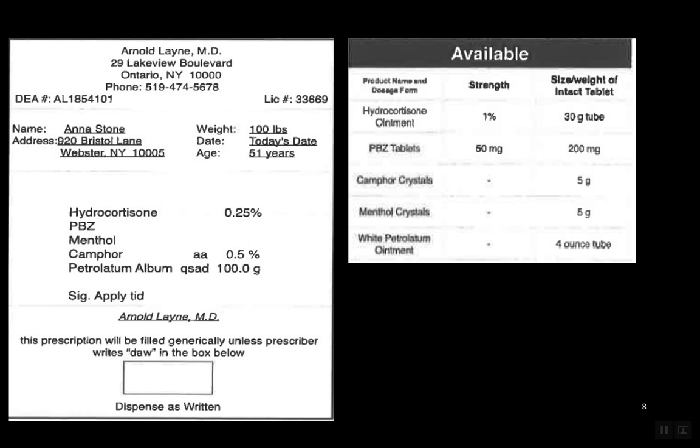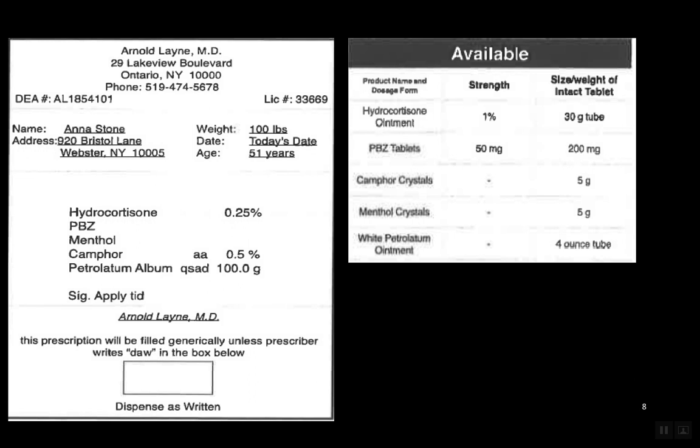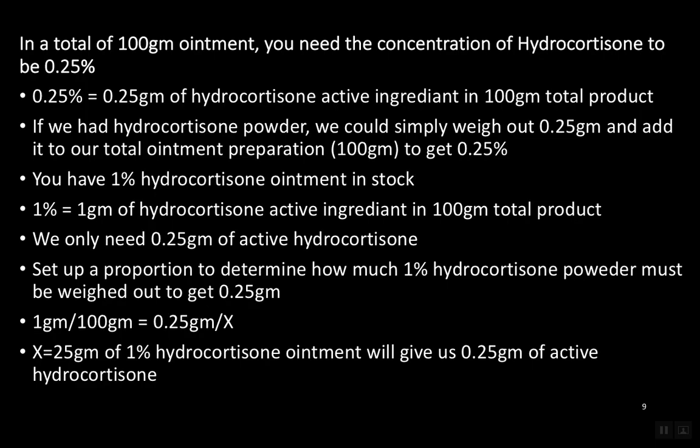But let's follow through. All of this is going to make sense. So we start with the first one. Here it's saying we want 0.25% of this whole prescription to be hydrocortisone. So what does that mean? If you go back to the concentration, unless they specify, everything is weight over weight.